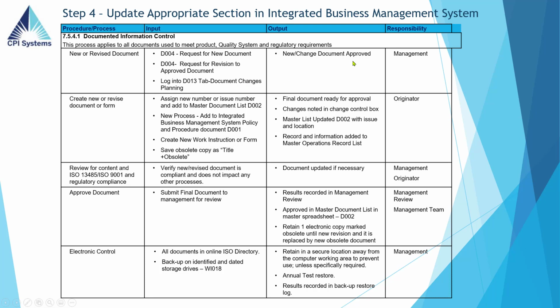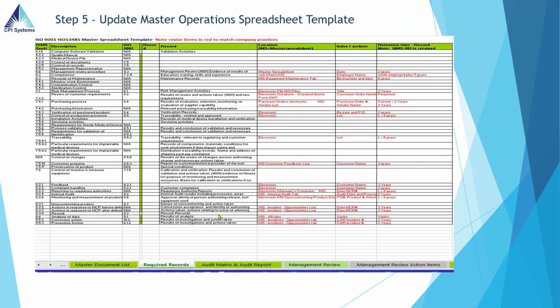The output from this part is a new change document approved and management's responsible for approving it. So step by step, we update this table to reflect the actual practices of that company. So it's tailored to your procedures.